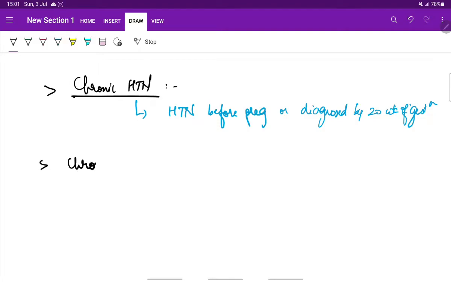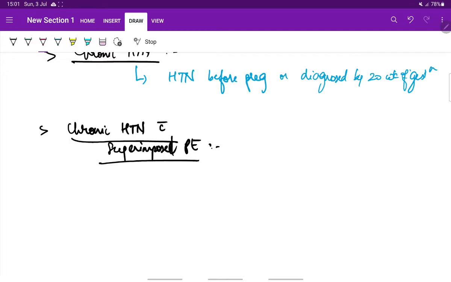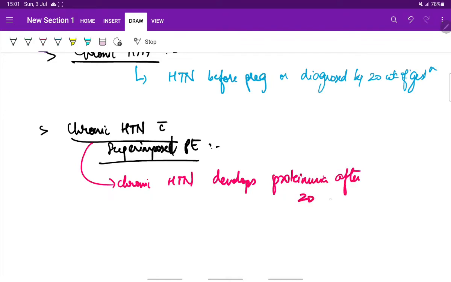Next, the fifth one is chronic hypertension with superimposed preeclampsia. As the name suggests, there is chronic hypertension who develops proteinuria after 20 weeks of gestation. So this is superimposed preeclampsia on chronic hypertension.